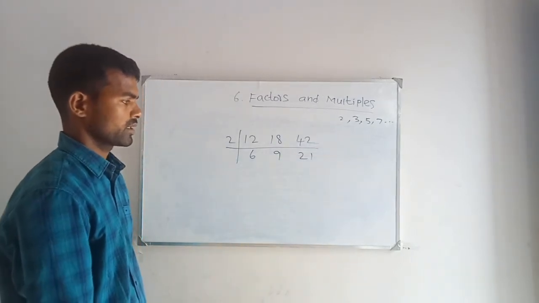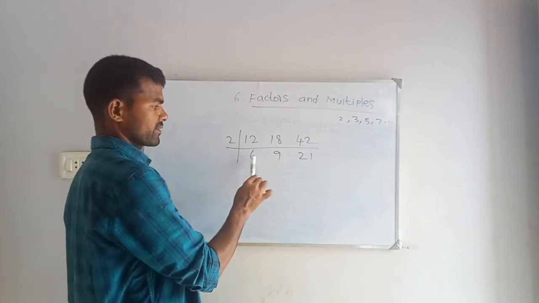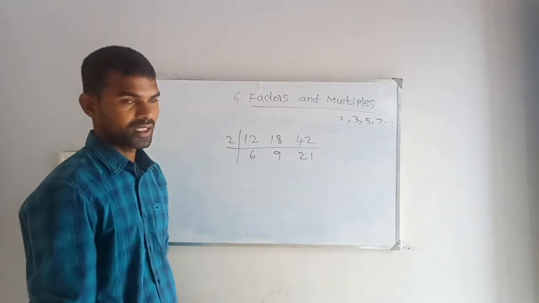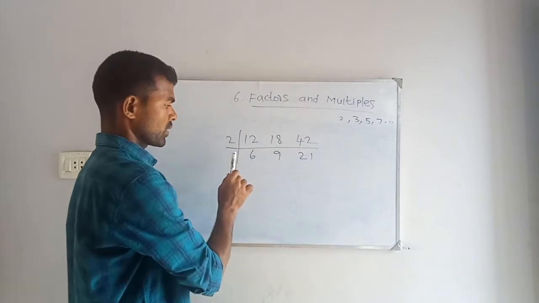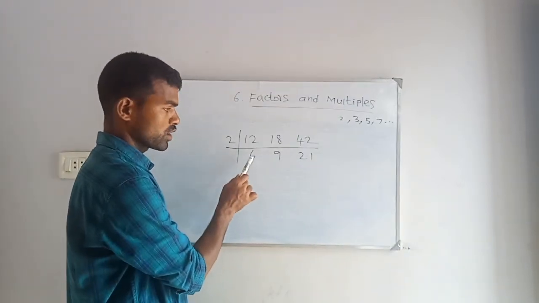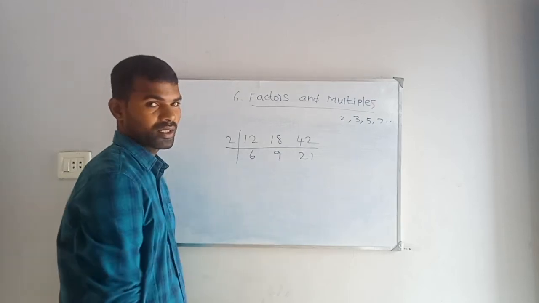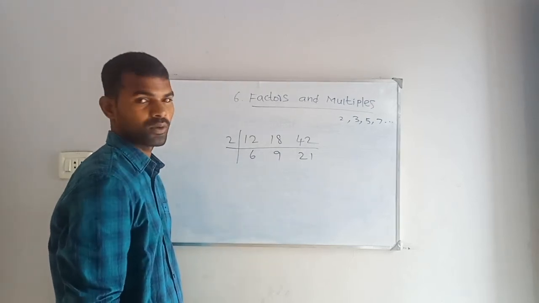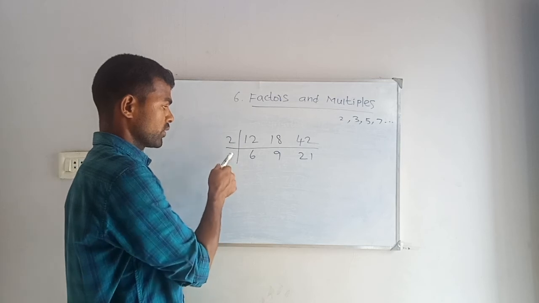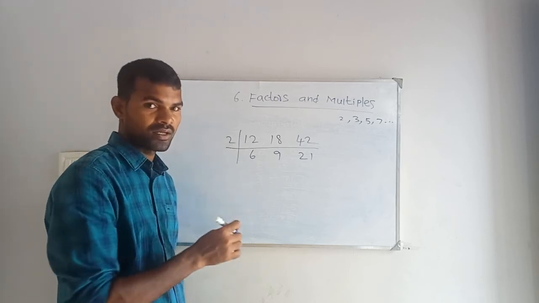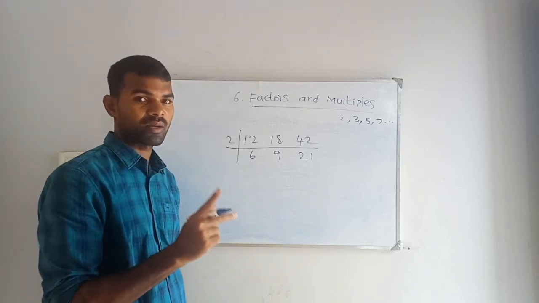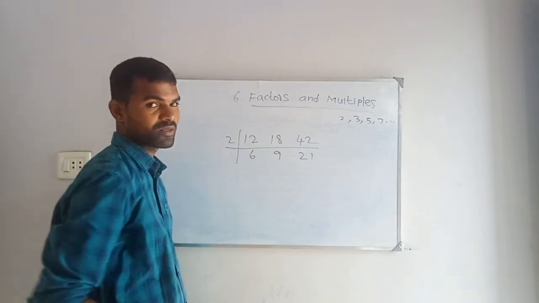Now see whether we can divide 6, 9, 21. If you take 2, only 6 can be divided. Only one number can be divided, the other 2 numbers you can't divide. So I told you, whatever number you take here, it must divide at least 2 numbers.